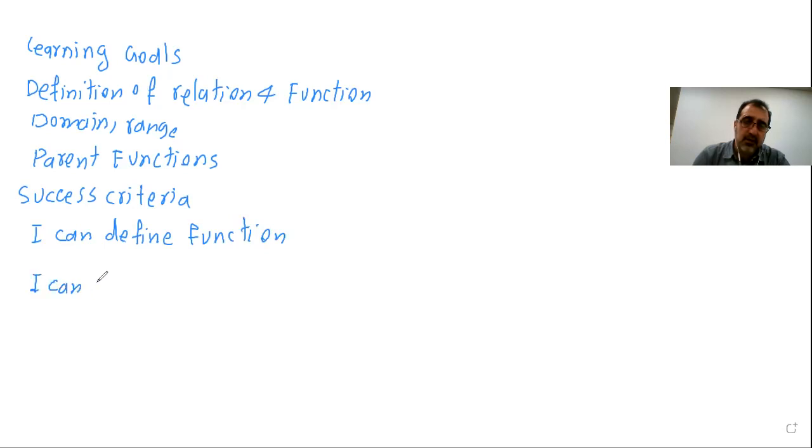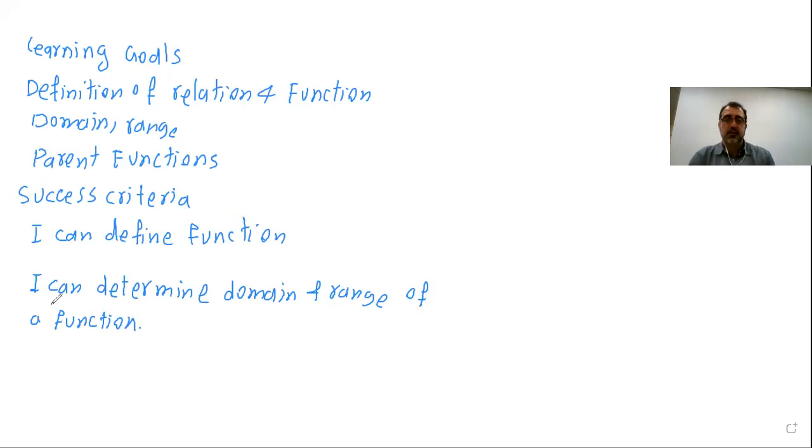I can determine domain and range of a function. Okay. These are all we want to cover through this session.